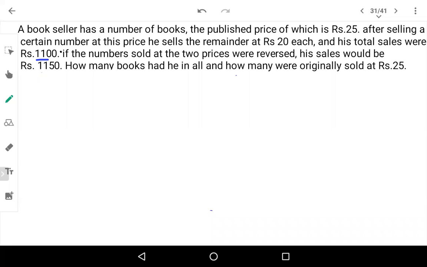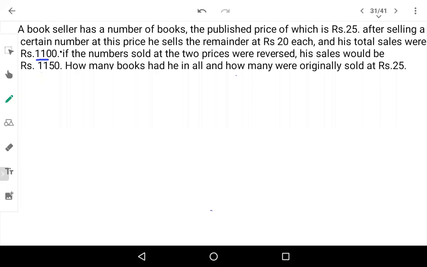At this price, he sells the remainder at rupees 20 each, and his total sales were 1100. Okay, and then what happened? If the numbers sold at two prices were reversed, his sale would be 1150. How many books had he sold in all, and how many were originally sold at 25 rupees?